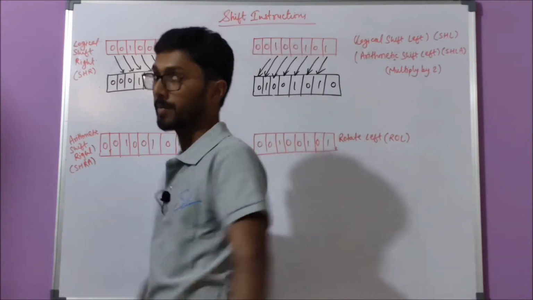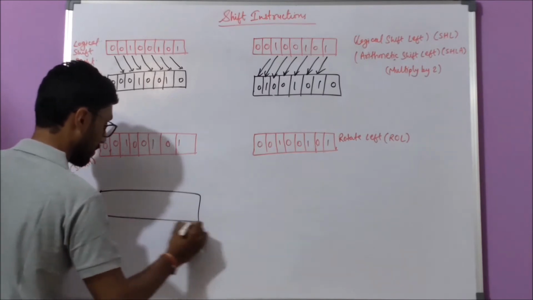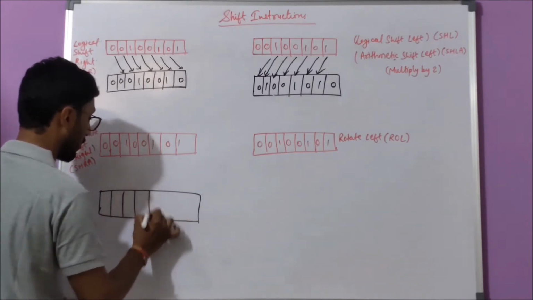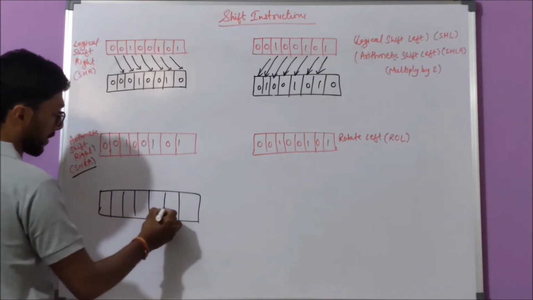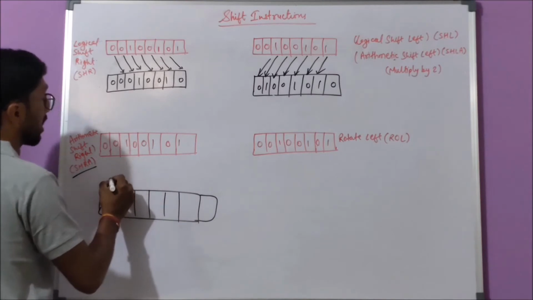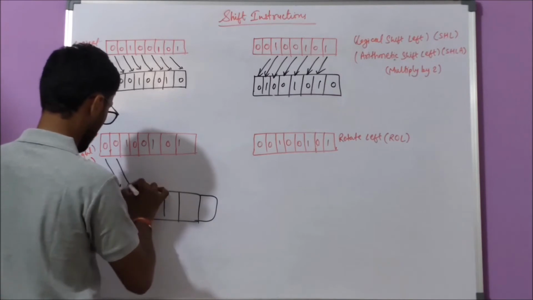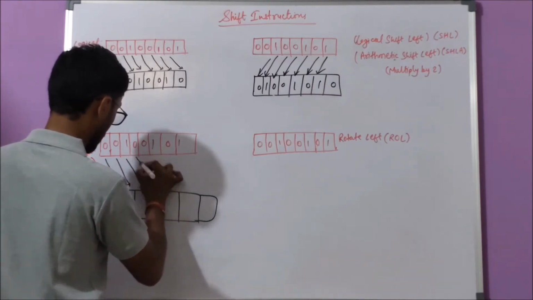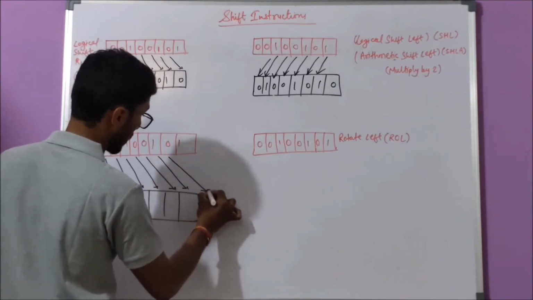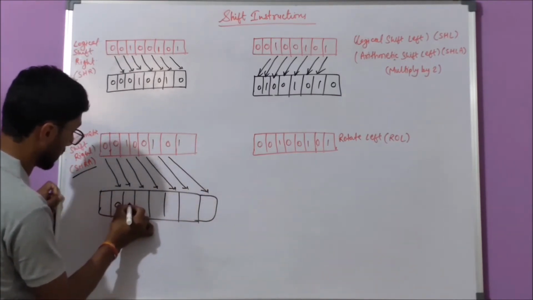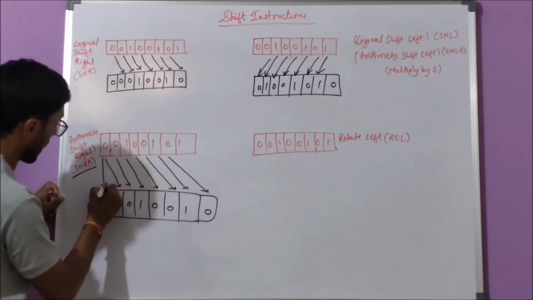Now arithmetic shift right. The short form for arithmetic shift right is SHRA. 1 2 3 4 5 6 7 8. Now shifting right, shift them like this: 0 0 1 0 0 1 0, and this will be copied here.